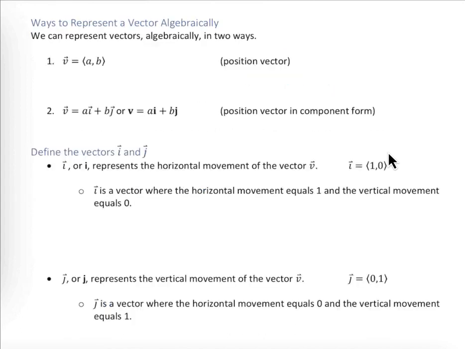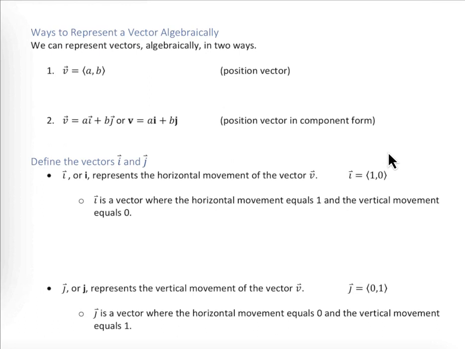vertically. Now, we also have two different ways to algebraically represent a vector. And what we mean by algebraically is, if this is the graphical representation of a vector, we graph it. But if I want to write it down and manipulate it or add or subtract algebraically, then we would want to write our vector either as a position vector, and the position vector notation is this pointy bracket notation.